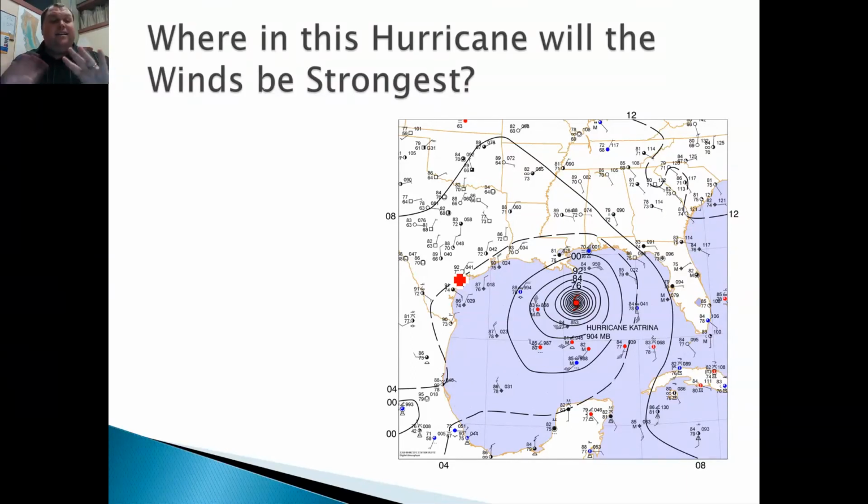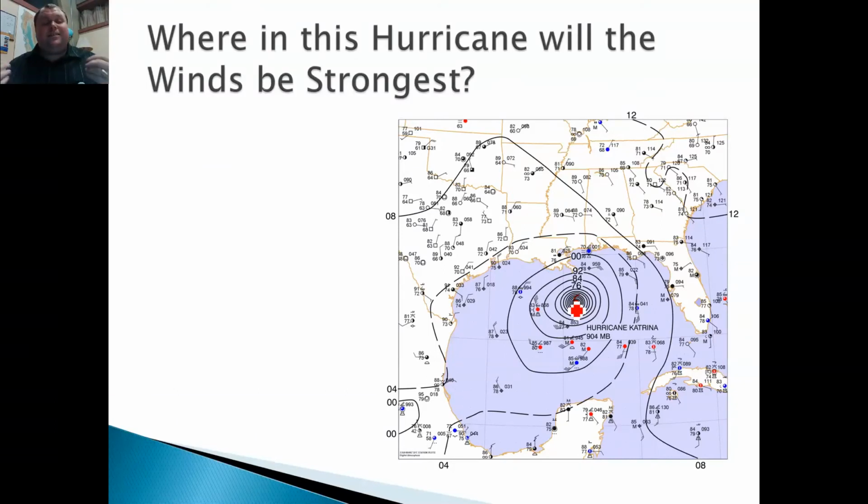Here's what you need to know. If you're far away from the hurricane, say here in Central Texas, the distance between one isobar and the next is very little. As a result, the wind between this area is also going to be very low. Why? Because the isobars are very far apart. On the other hand, if you're near the center of the hurricane, notice these lines are very close together.